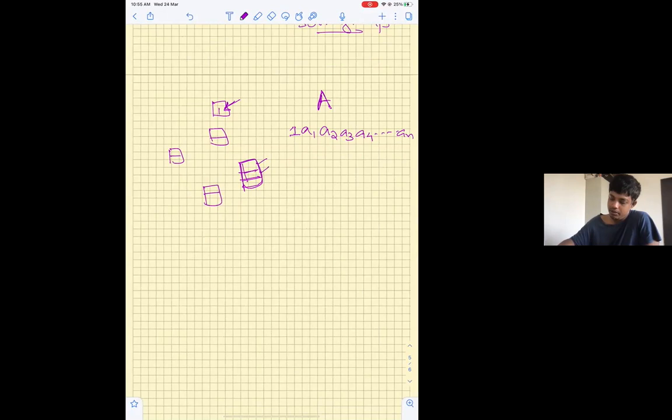Are they comparable? Like, is one greater than the other, or less than the other, or equal to the other? What do you think? Two R classes in a D class.